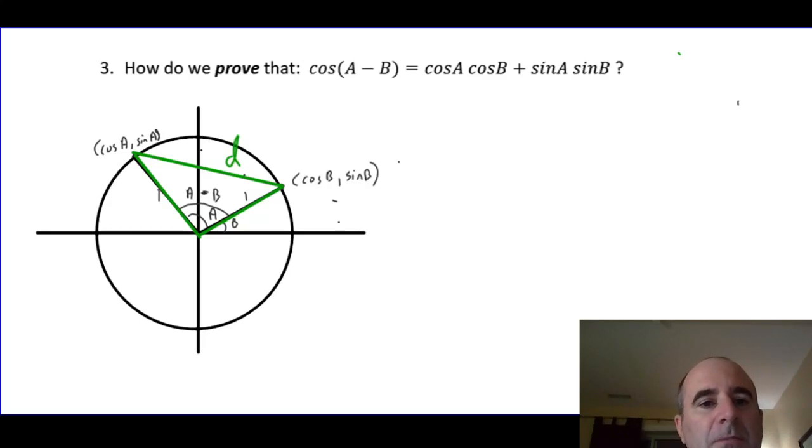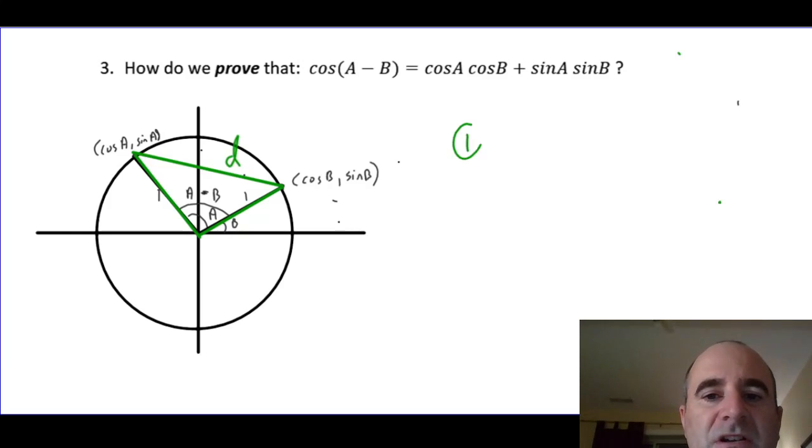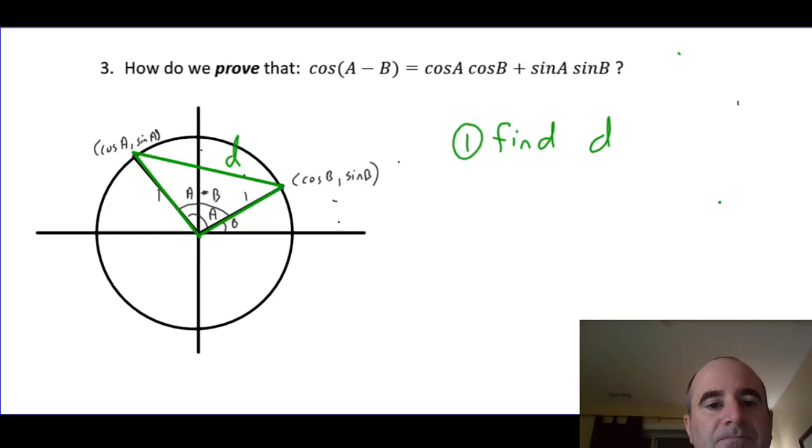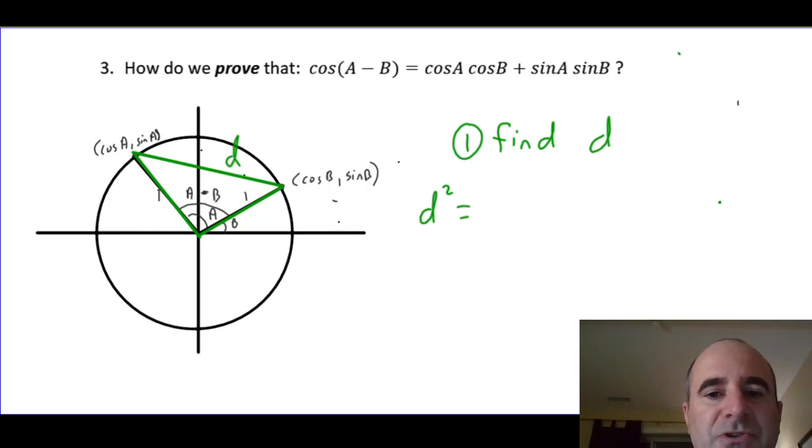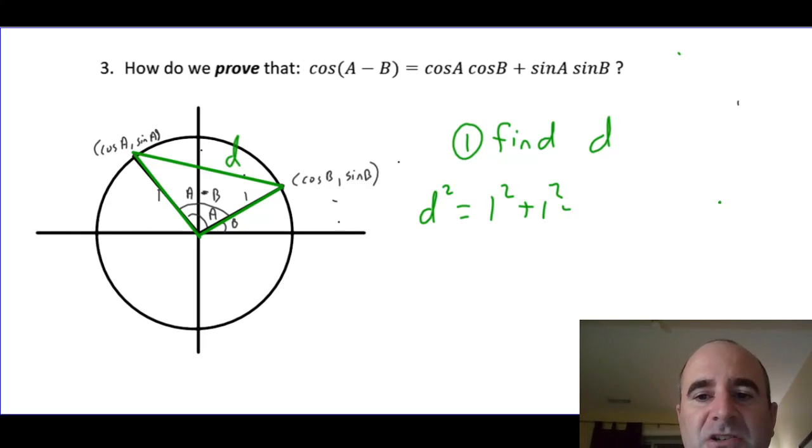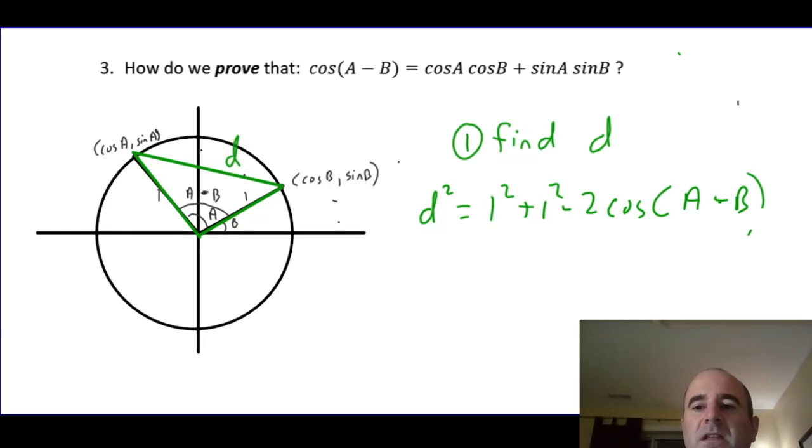So we're actually going to come up with an expression for D. We're going to end up finding D two different ways. The first way I'm going to find it is using the cosine law. So the cosine law tells me that D squared is equal to 1 squared plus 1 squared, subtract 2 times the cosine of A minus B. Okay, that's that cosine law.